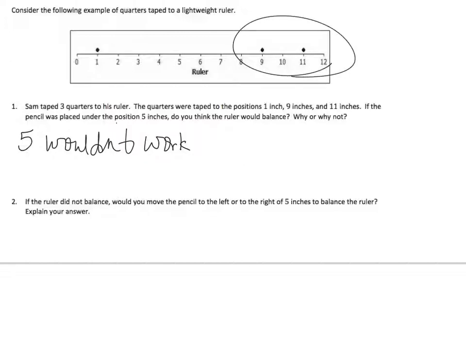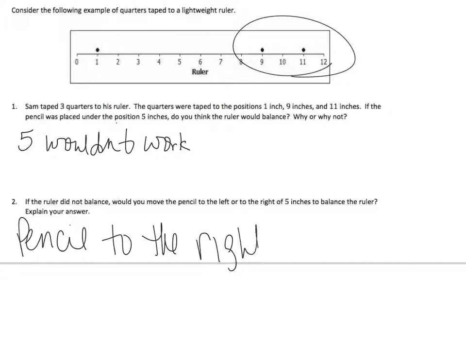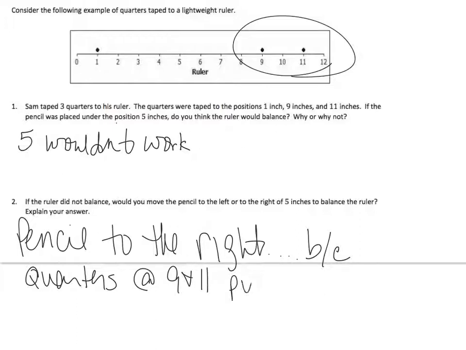So to balance it, what would I do? You could actually move the pencil to the right because the quarters at 9 and 11 pull the balance to the right.